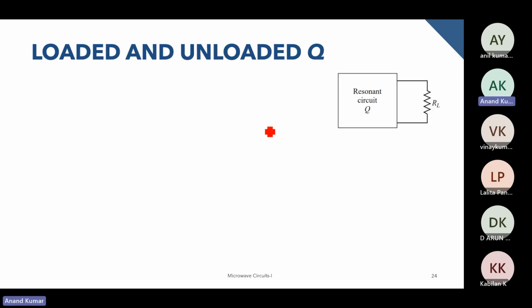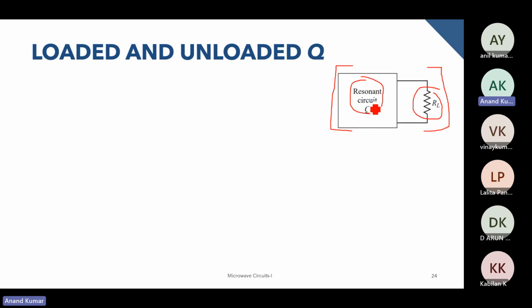So a few more slides on the quality factor, the loaded and unloaded Q. We have already discussed things about this quality factor. So this is a circuit, right? We have a resonant circuit over here, and then we have some load over here.